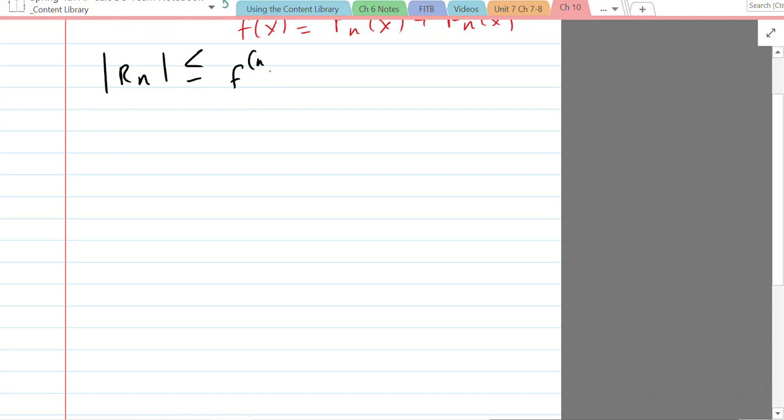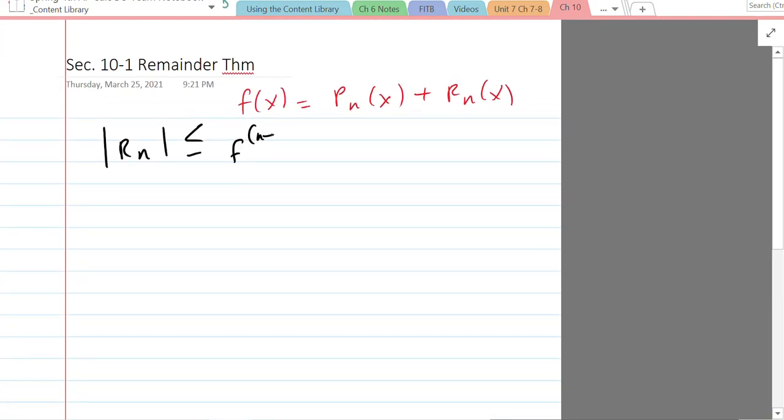Plus 1. Evaluated at some value c, and then it's x minus 1 to the n plus 1, and that's the center. We're writing this at 1, so I'm writing this specifically for this example, over n plus 1 factorial.